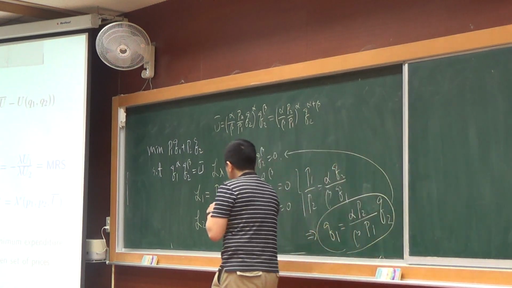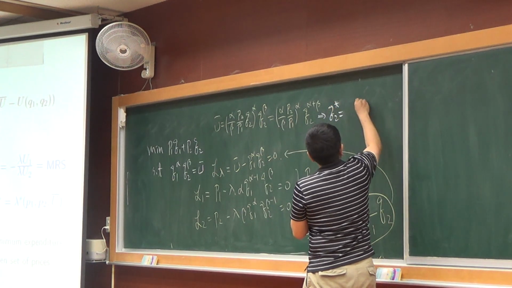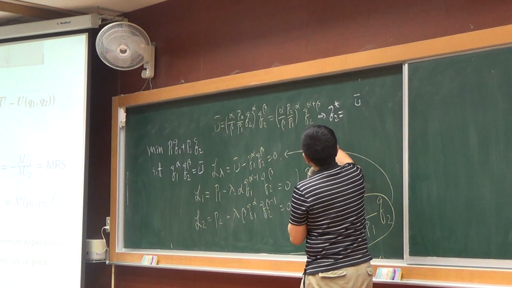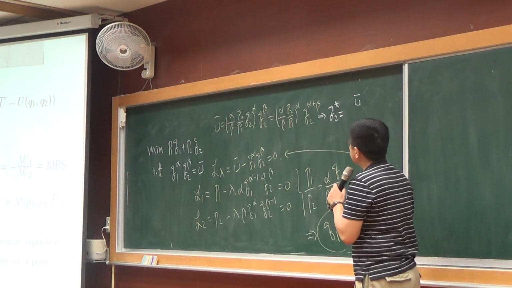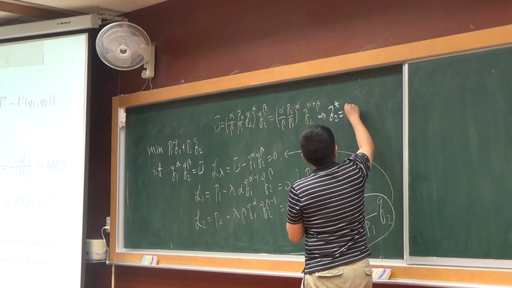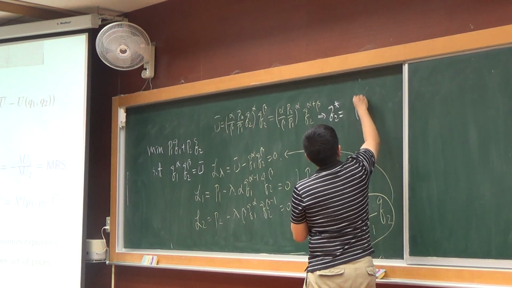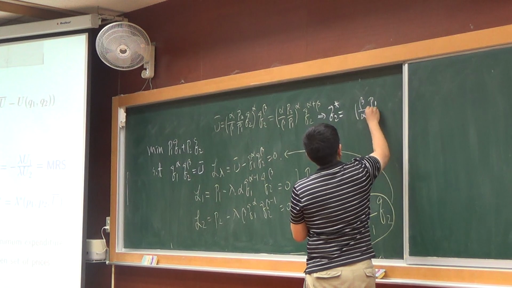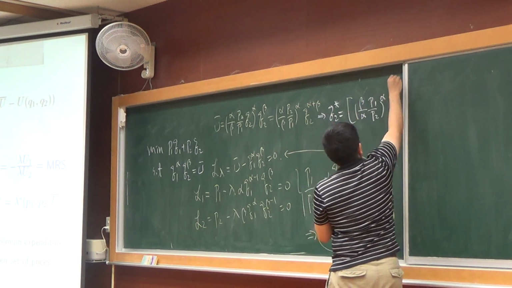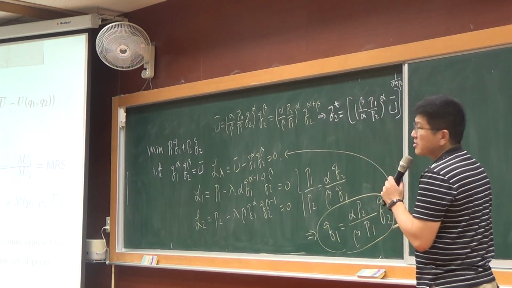And the solution of Q2 star would be U bar multiplied by the inverse of this term, and we may write it something like this: beta P1 over alpha P2 to the power of alpha, U bar, to the power of 1 over alpha plus beta. This would be the solution of Q2 star.